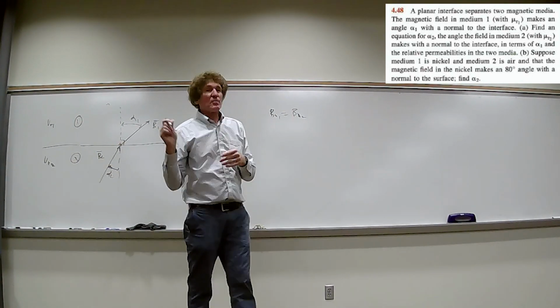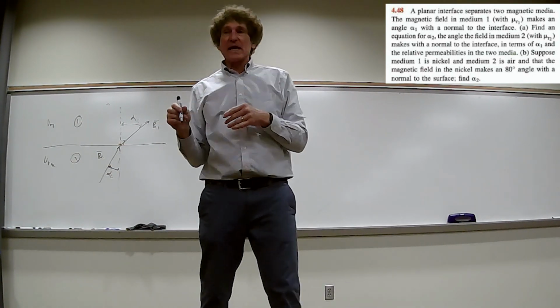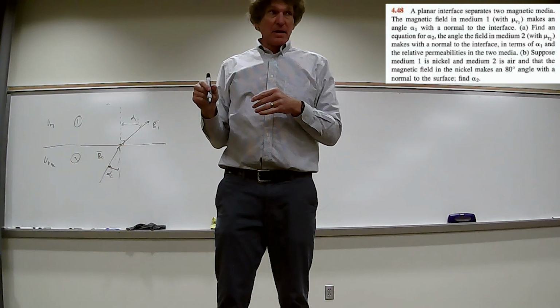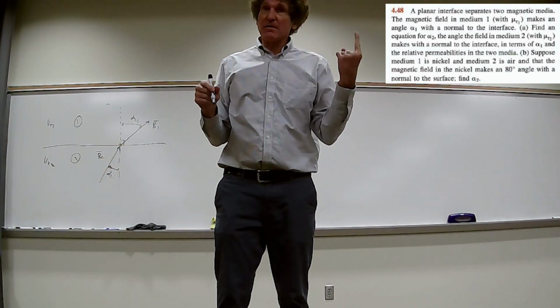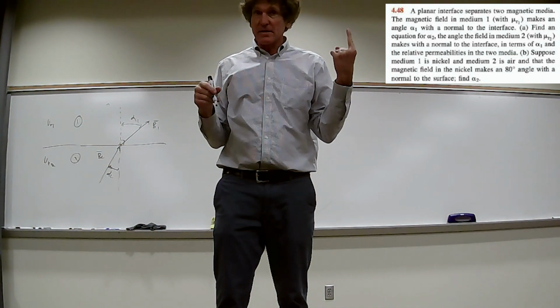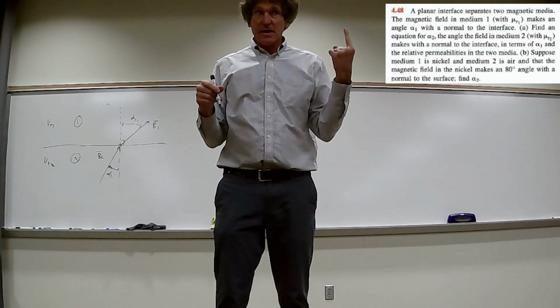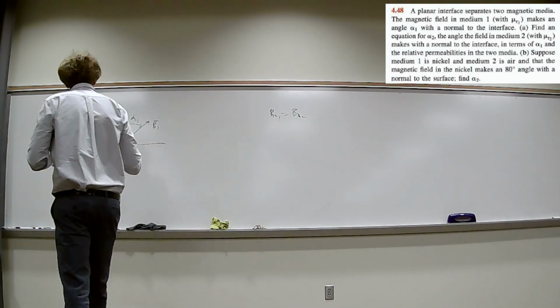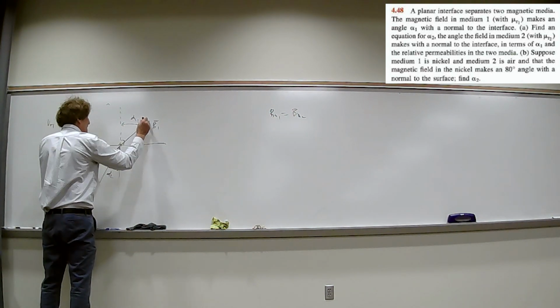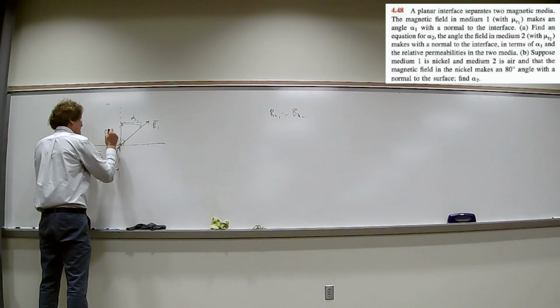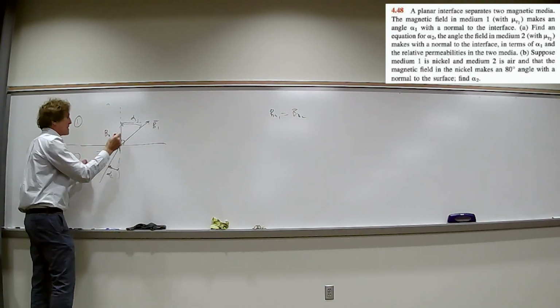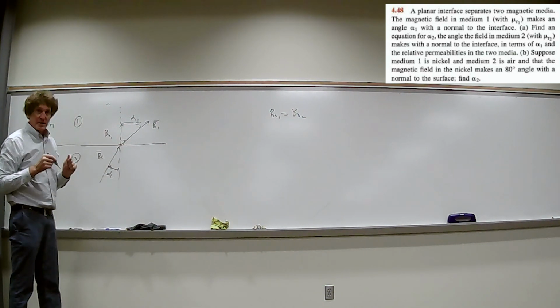Now what is B normal 1 based on that drawing and the angles? It's just the magnitude of B1 cosine of alpha 1, right? You all see this? Take a look. The projection of this B field on the vertical axis right here, that would be B normal 1, is just going to be equal to the cosine of alpha 1 times B1.